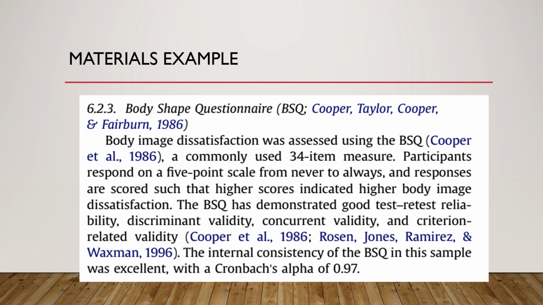It also talks about the test-retest reliability there, some discriminant validity and other types of validity, and then the Cronbach's alpha is right at the end with a 0.97. So it's making it clear that this is a good scale. It is going to usefully help us to understand body image dissatisfaction for this current study.